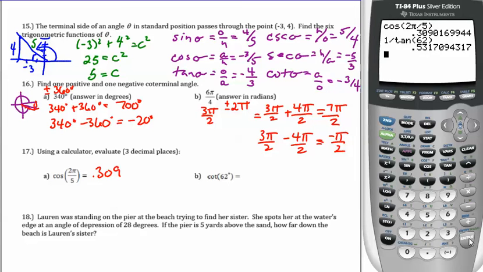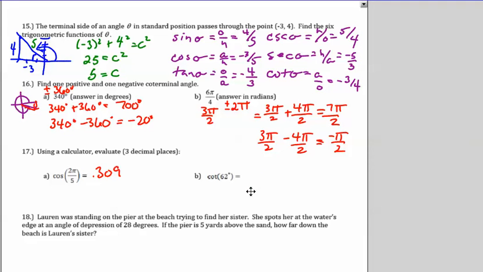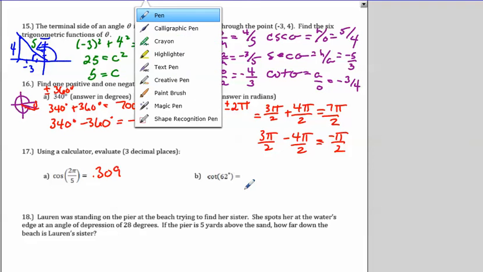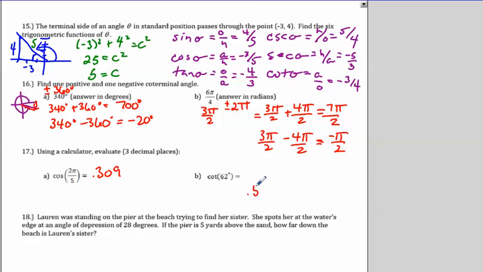And I have 0.532 approximately. So it's 0.532, and I got that by typing 1 over the tangent of 62 degrees.